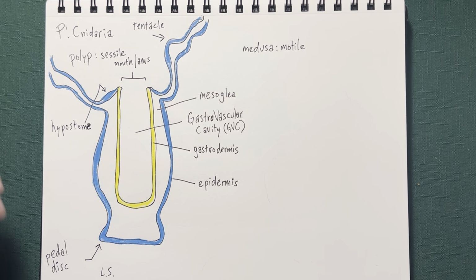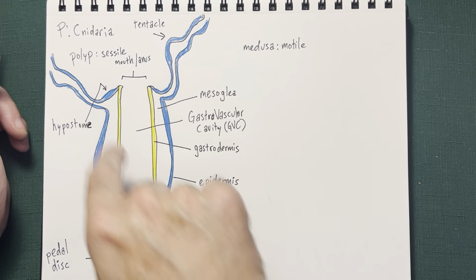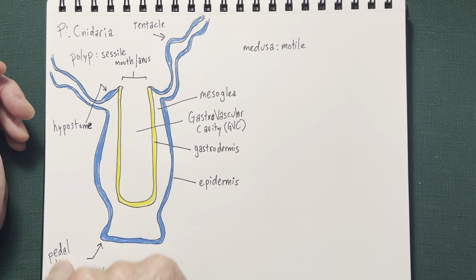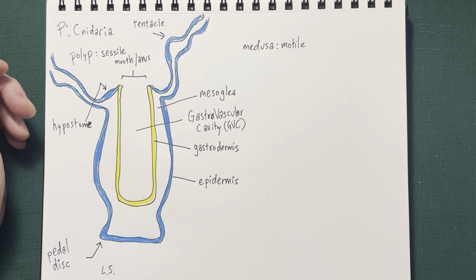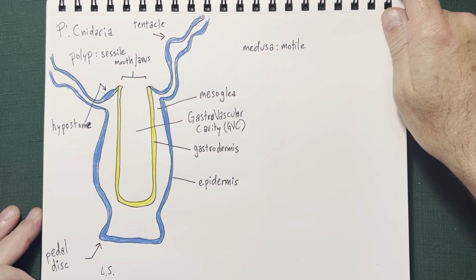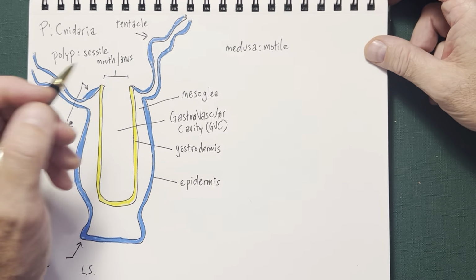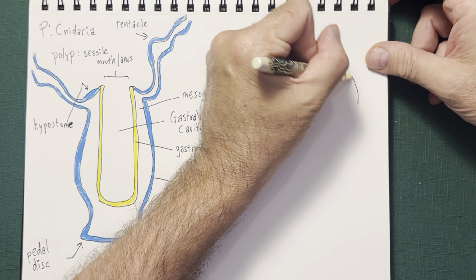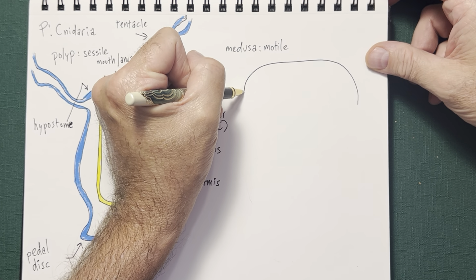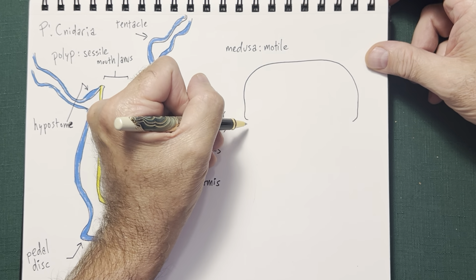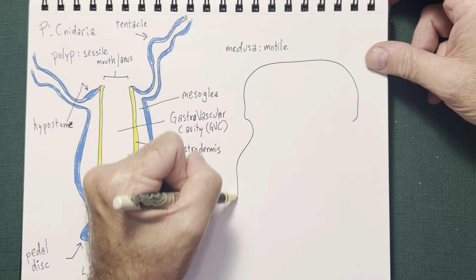Okay, so notice how I drew these things here and I drew these things over here. These things are pretty much unique to polyp forms, and these things we're going to find also in our medusa form. So now I'm going to draw that. So a medusa form is in many ways like an upside down version of a polyp form.